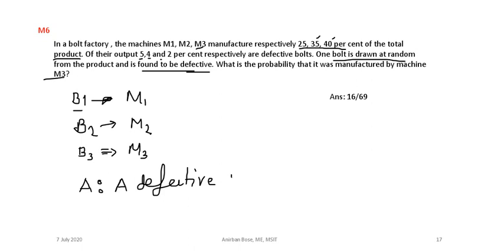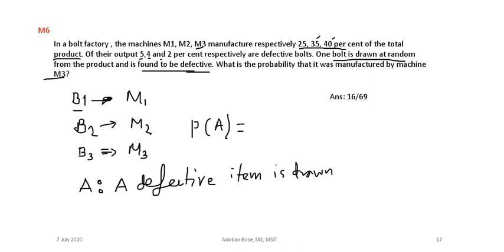Let us first find the probability of A. How will a defective item come?